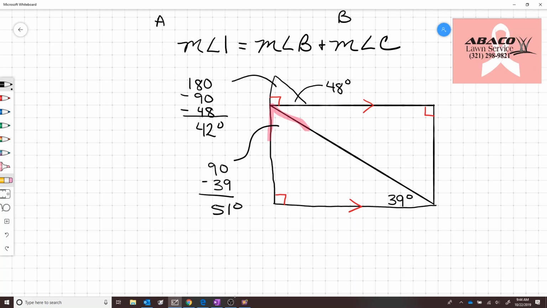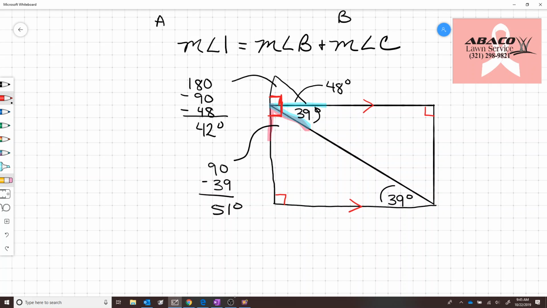Now, there are a couple different ways you could find this angle. I'm going to make it a different color here. Now we need this one. It's going to be 39, isn't it? It's going to be 39 because it's an alternate interior angle with this one. And if this angle right here is 90 degrees, then this whole angle needs to be 90 degrees, doesn't it?